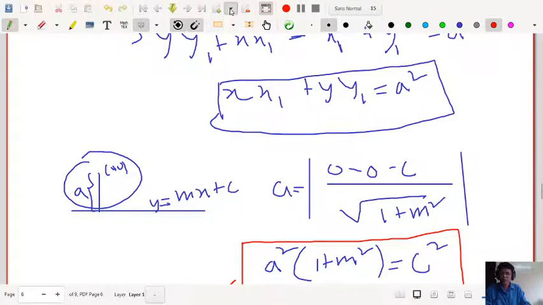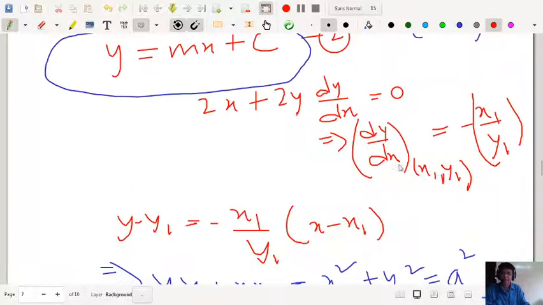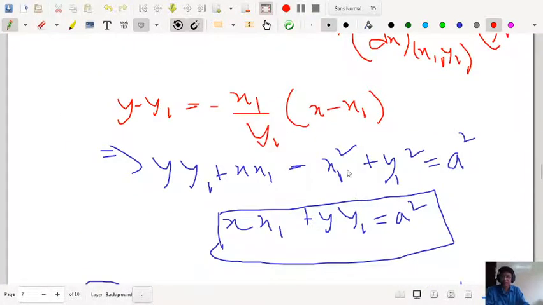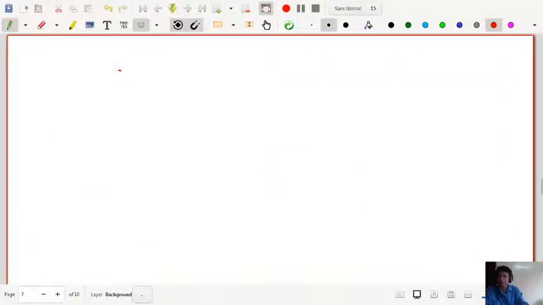So let me show you another way of finding that. That is also a very beautiful way. You can apply calculus here also, eliminating and all that, or otherwise let me show you another way. This is the circle once again, and this is the line.